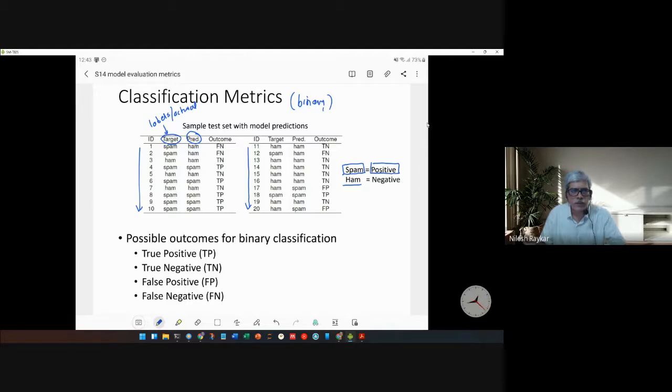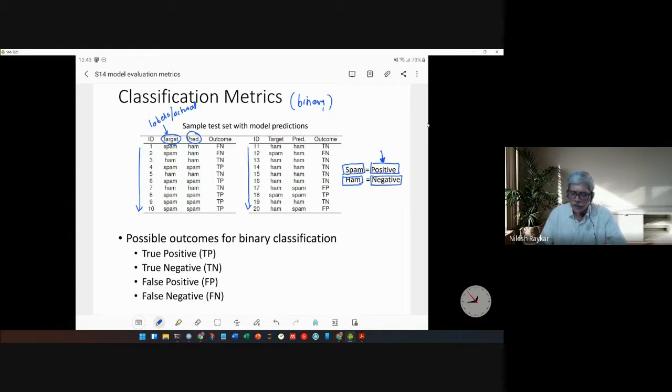Positive in the sense of the English meaning of positive. And ham, which is not a spam mail, I'm calling negative because I'm not interested. Suppose I'm interested in critically finding out how many spams I'm receiving. So I will be focusing more on spam. So in that sense, the spam label is positive. It doesn't matter which you assign as positive. In this particular example, I'm calling spam positive.